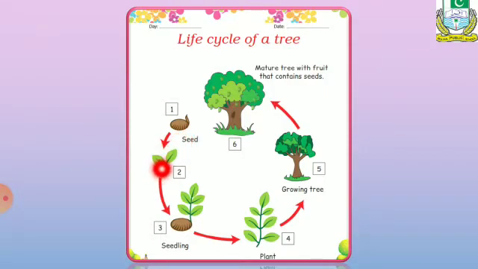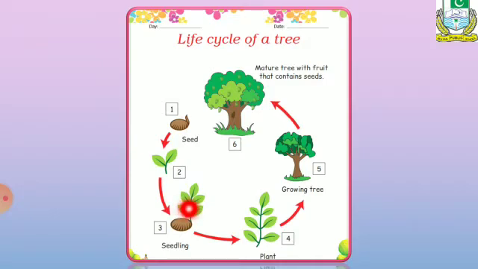And then when the seed starts to grow, what happens? Leaves come out of the seed. That is step 2. Then we move on forward to step 3. And what is happening in step 3? A cluster of leaves come out of the seed and it is called a seedling.